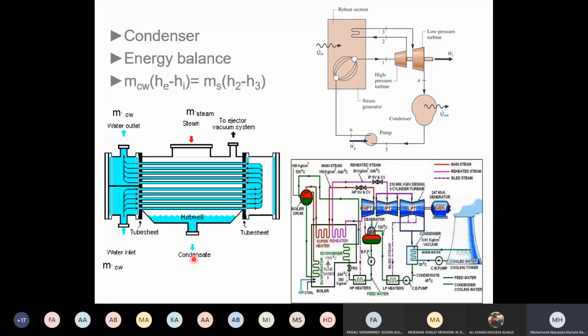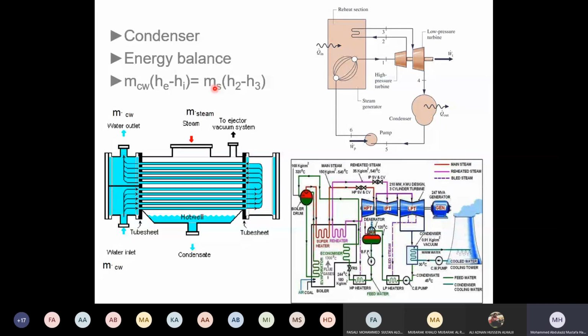Therefore, for the energy balance, it's easy to say that the mass of cooling water multiplied by h exit minus h inlet, this is the energy gained by the cooling water, will be equal to m dot steam multiplied by the enthalpy difference, or the condensation in the condenser.